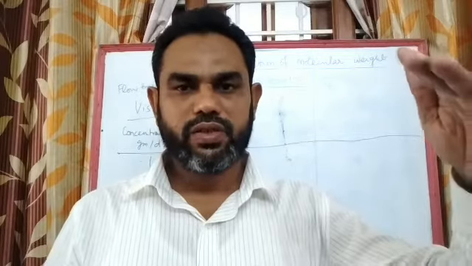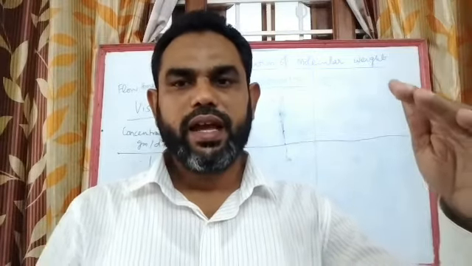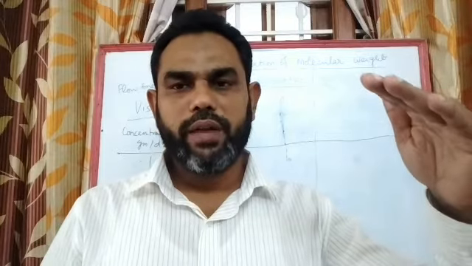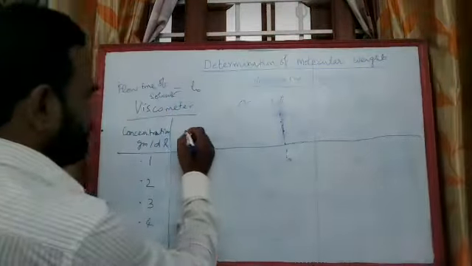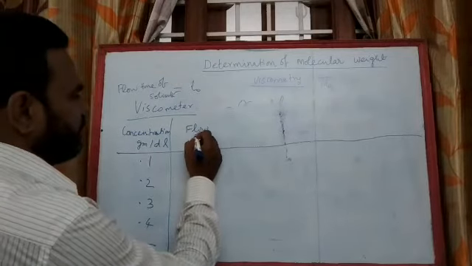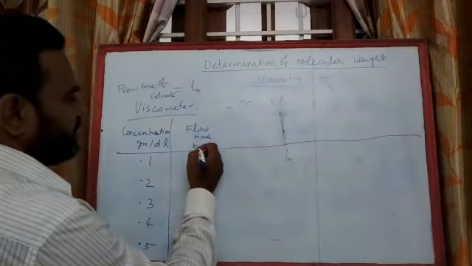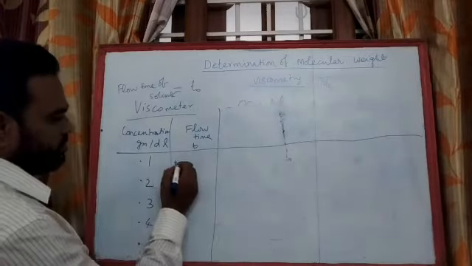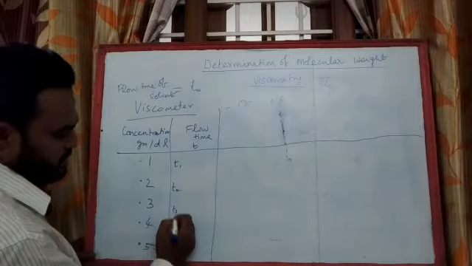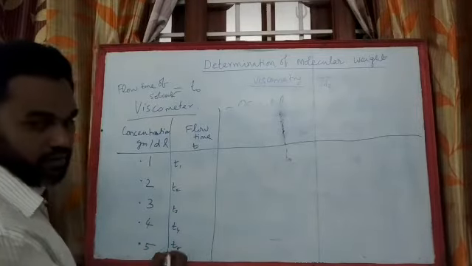Suck the solution above the upper mark and release it. When it comes to the upper mark, note the timing, until the polymer solution reaches the lower mark. The time taken to flow from upper mark to lower mark is called the flow time of a particular polymer solution, noted as T: T1, T2, T3, T4 and T5.